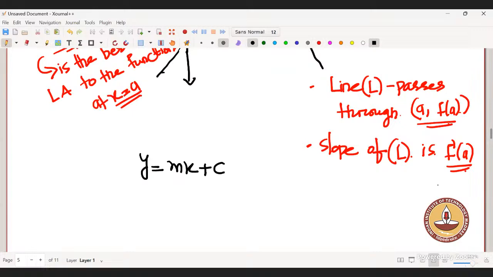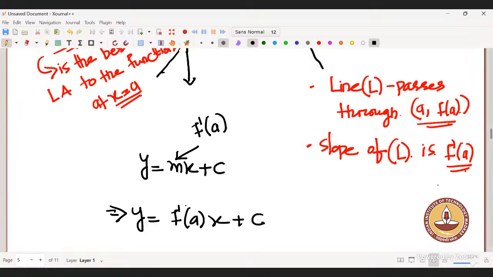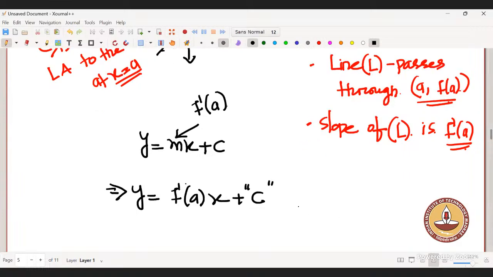What is your m now? m is f dash of A. So y equals f dash of A times x plus c. The only thing you need to compute is this c, and to compute it you use that the line passes through the point A comma f of A.